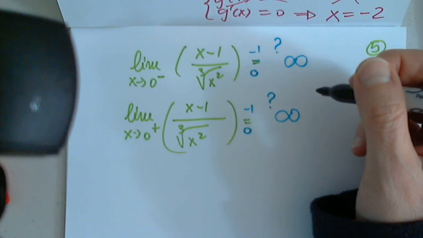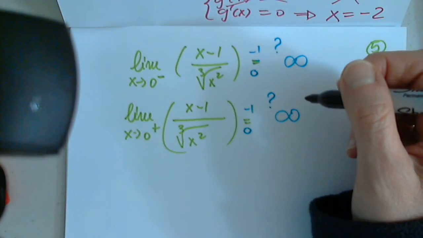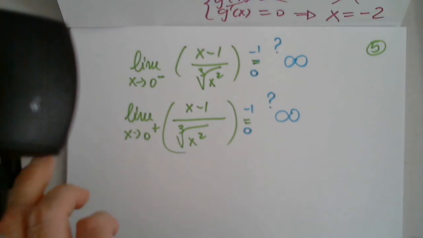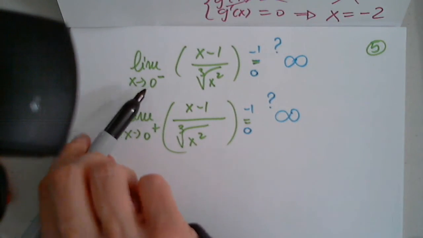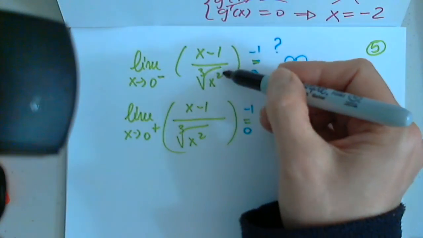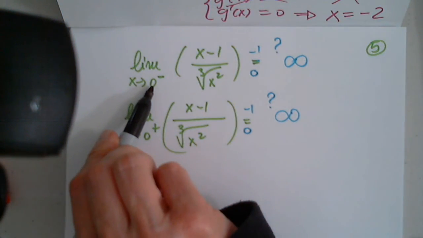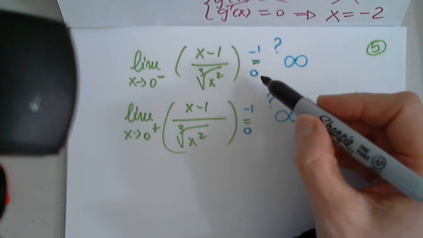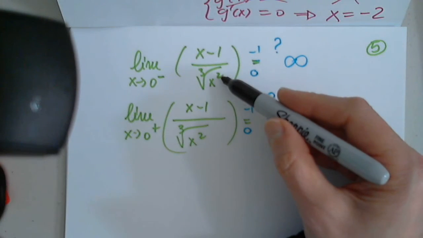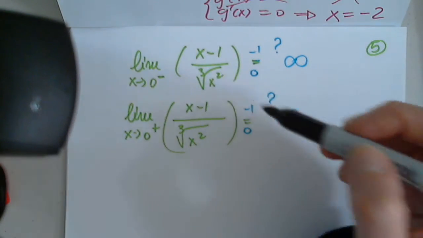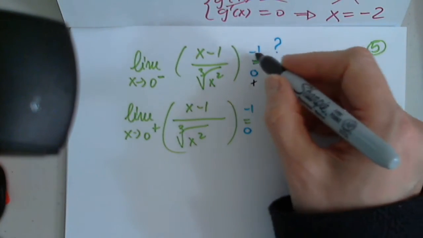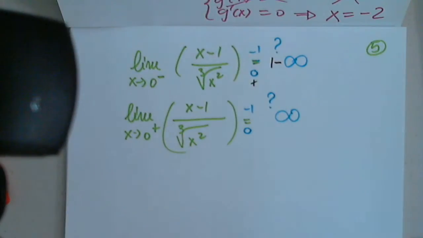What do you think? So when you plug in -0.1, what is the sign of this expression? I only need a sign with -0.1. Would be negative. But it's squared. Oh, so it'd be positive. Good. So this is negative because it's -1 at the top. What about the denominator?